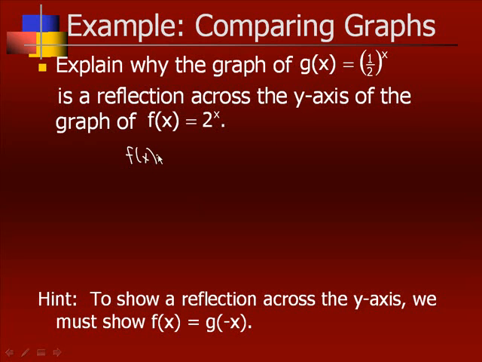So f of x is equal to 2 to the x. If we plug in -x, g of -x, we would get 1/2 to the -x, but a negative exponent means reciprocal, so that would be 2 over 1 to the x, which is 2 to the x.